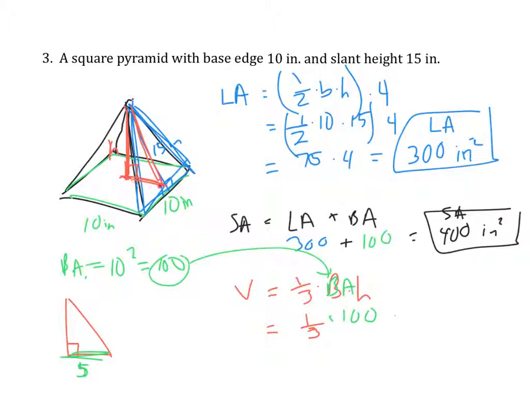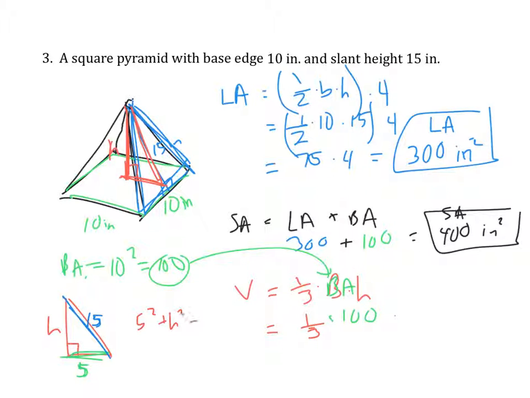So this would be 5, and this would be the other 5. The height is unknown, and this is my 15 that I started with. So that's my 15, and this is my unknown height. Hopefully you're seeing something that you can do to solve for that.